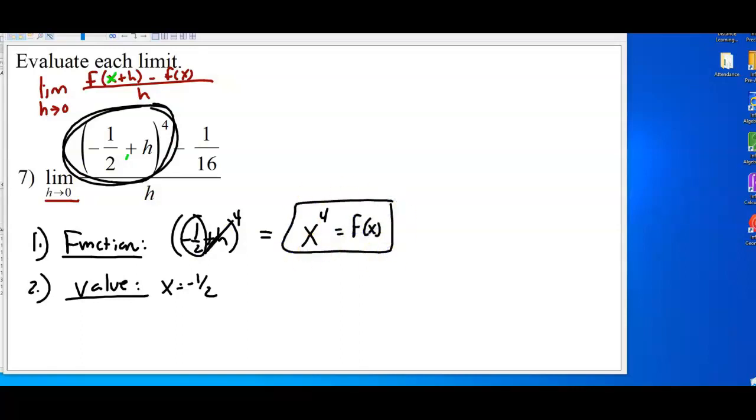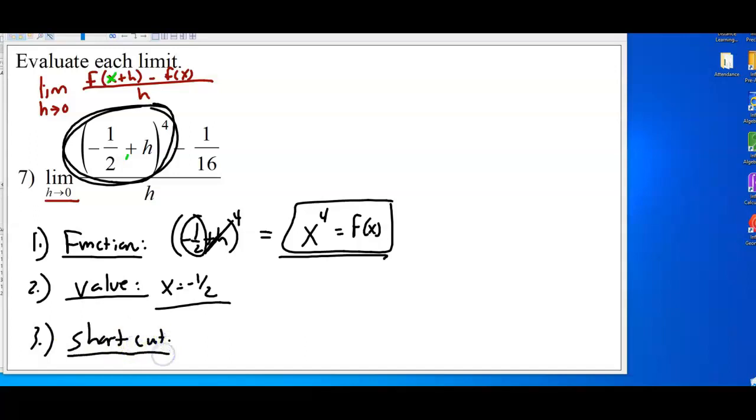All right? So now I know that this limit here represents the derivative of this function at this value. All right? So let's go ahead and apply our shortcut to evaluate the limit. And once again, L'Hopital will work on these, but we're going to use the shortcut instead.